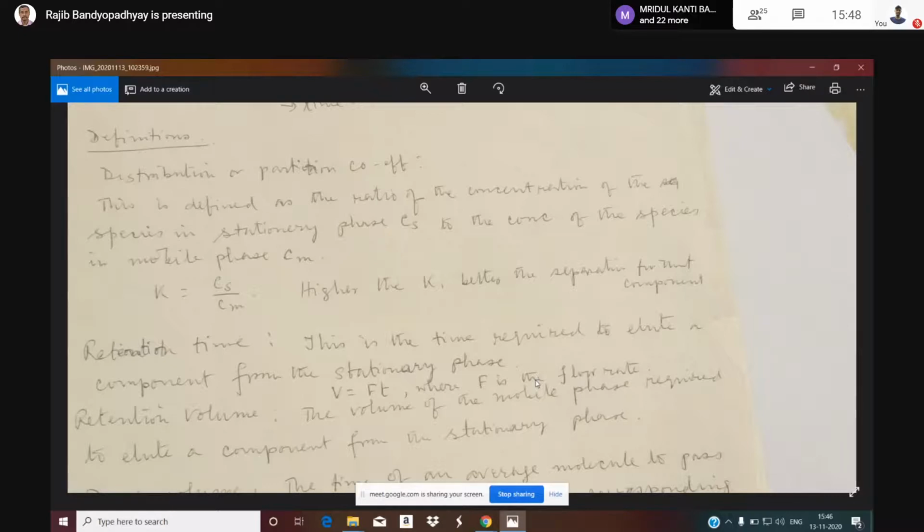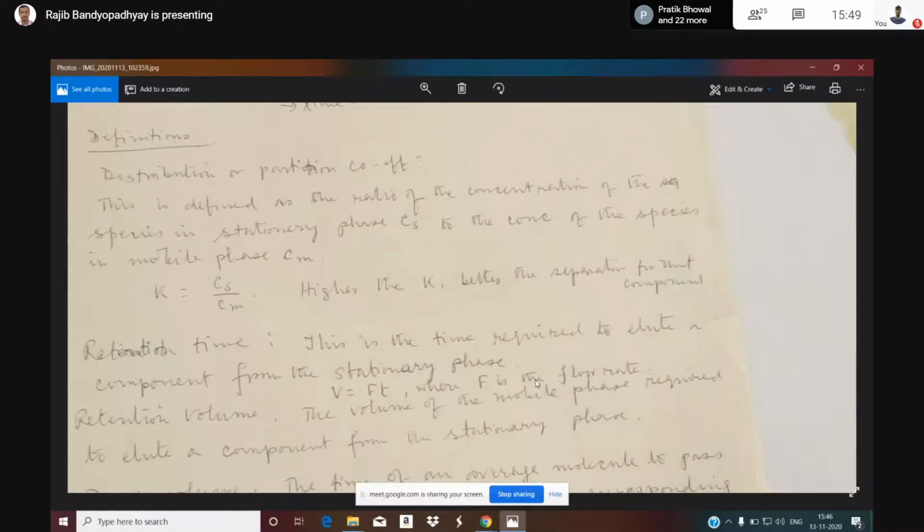Since it's a gas chromatograph, the temperature of the injection port should be such that all the components of the mixture are in the gaseous phase, or at least higher by 20 or 50 degrees centigrade than the highest boiling point of the components of the mixture. So the injection port is one component of the gas chromatograph.